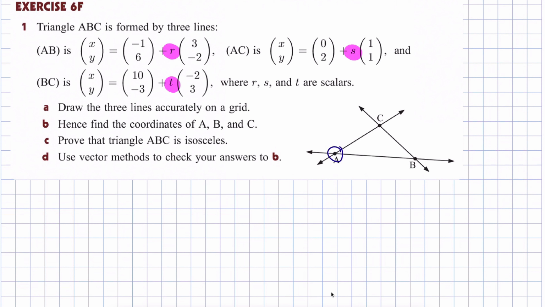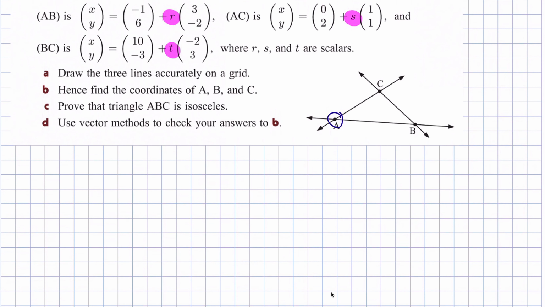So we're looking for point A, so we're going to use the A to B and the A to C, the top 2 ones. We can write them as X, Y, and we want that to be the same for both. That's the whole point of getting 2 points with the same coordinates.